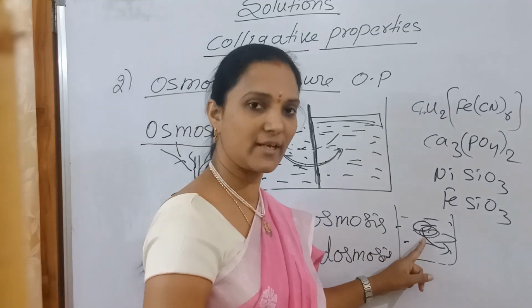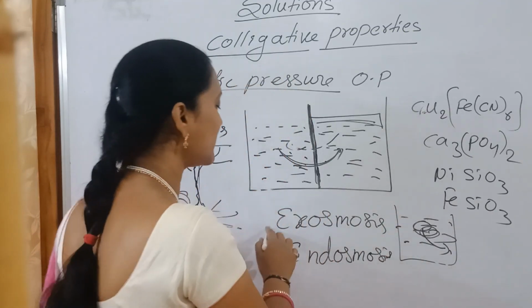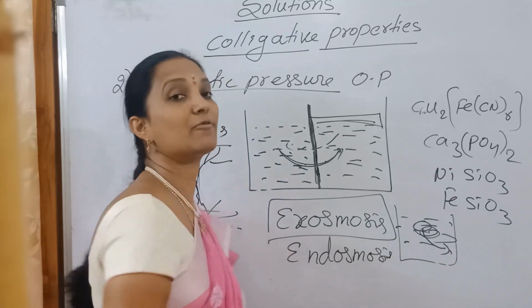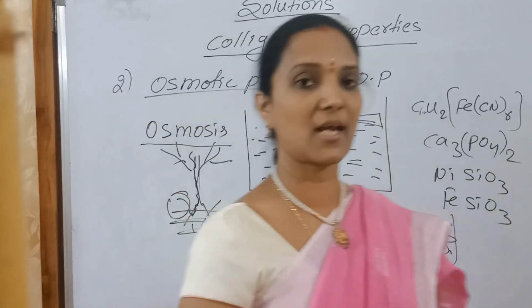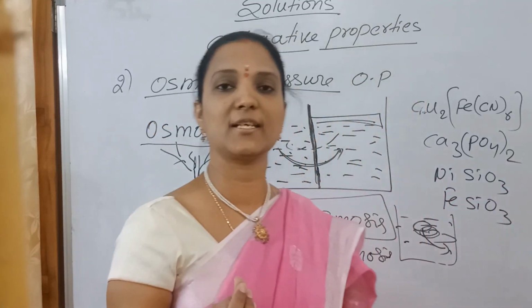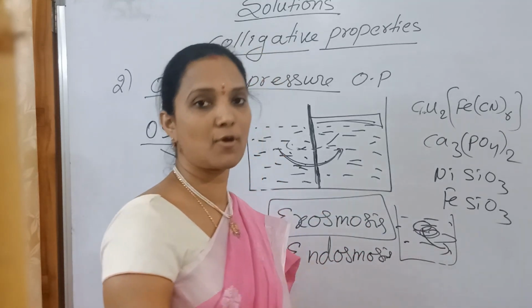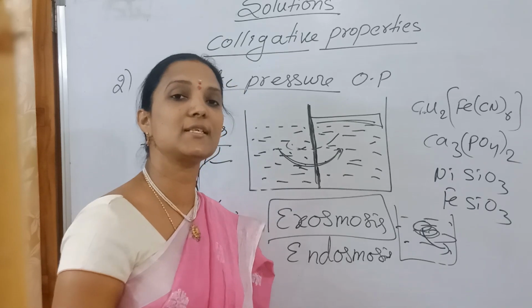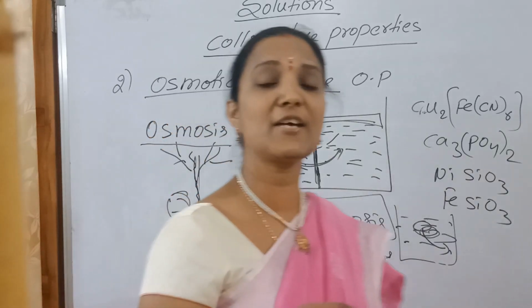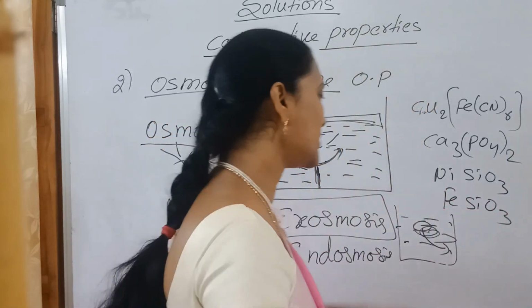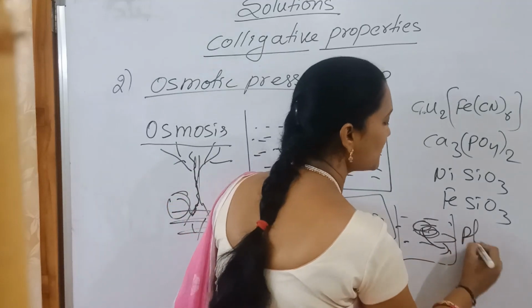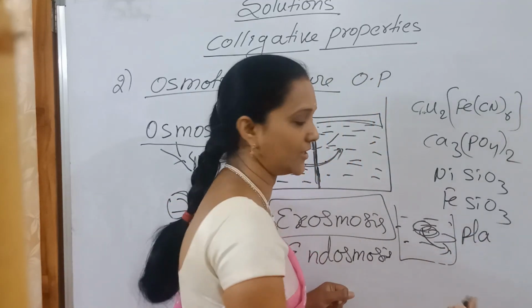Outward flow of solvent, and this outward flow of solvent is called exosmosis. So if mango pieces are stored in salt, the pieces shrink because they lose water. That process is exosmosis.